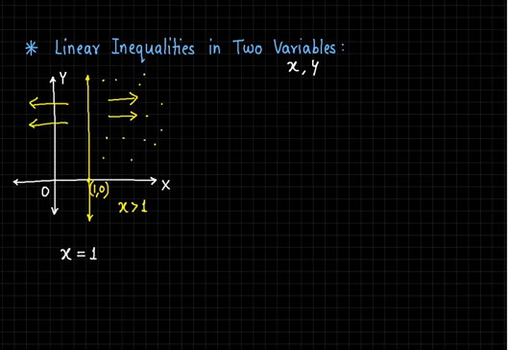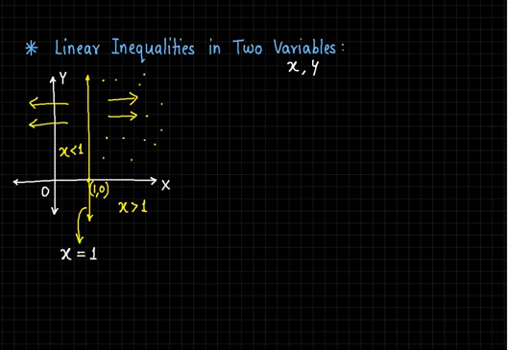Similarly, for the region on the left side of this line, any point in it will have its x coordinate less than 1. So that entire region indicates the inequality x less than 1, and the line itself indicates x equal to 1. Clearly there are three parts into which the plane gets divided.